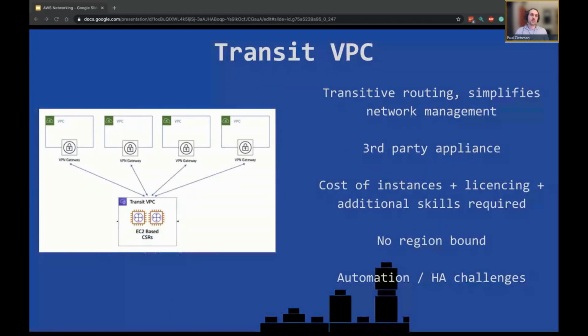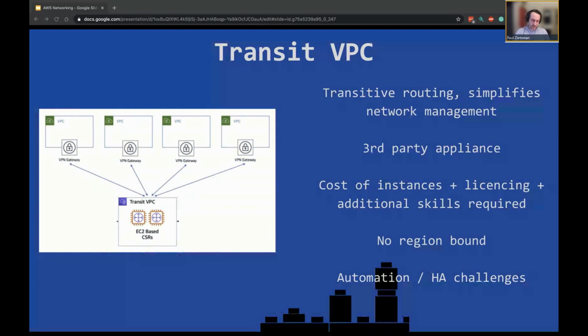Then we got serious and we had to solve for enterprise. The big requirement was you've got an on-premise network, you've got a cloud network, you have to connect these two, and you've got a ton of VPCs. So we needed transitive routing. We couldn't have this mesh. And that's where a transit VPC comes in.